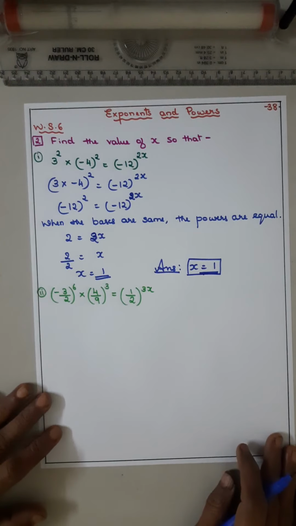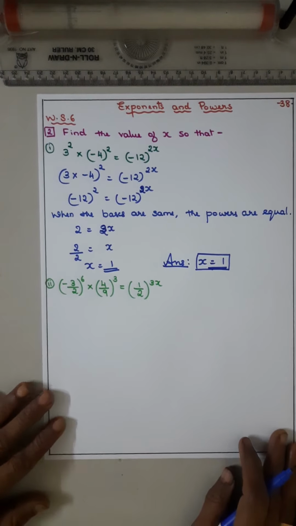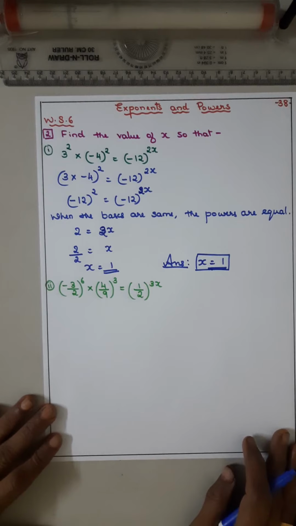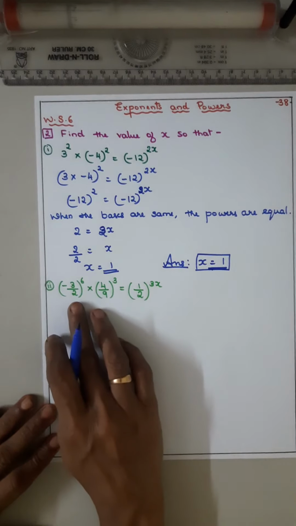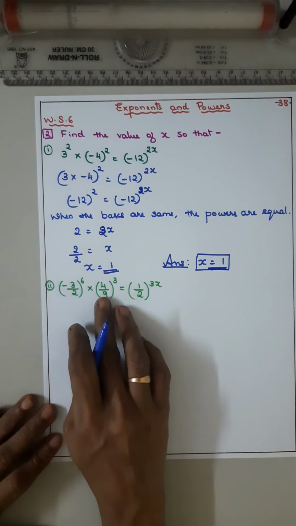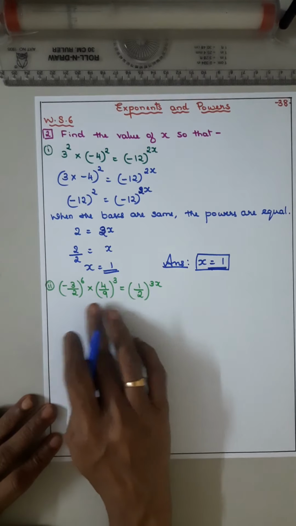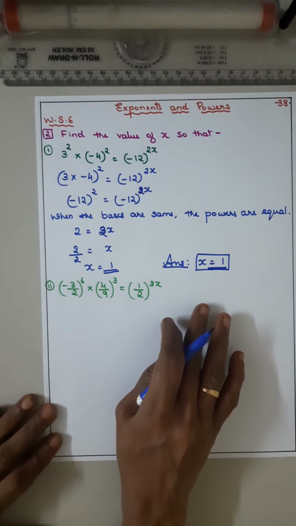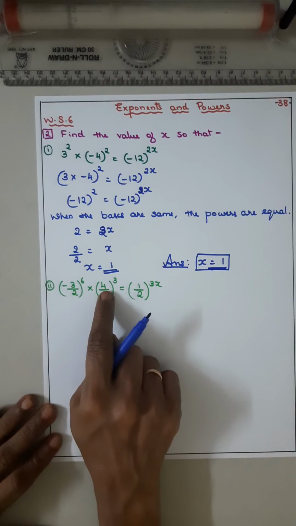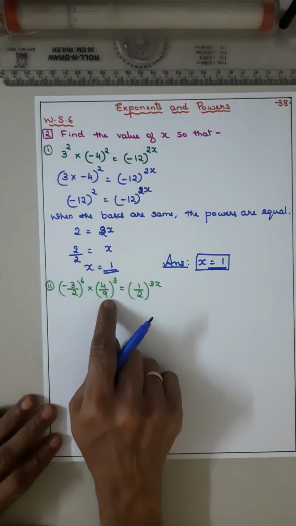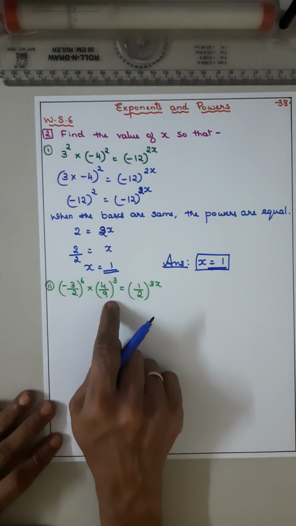Understood? Now coming to the next question. Now here the powers are not same, bases are also not same. But when you see the numbers, 4 and 9 means 2 square and 3 square, isn't it? So you can think that also.